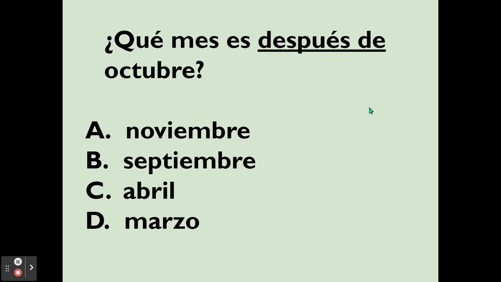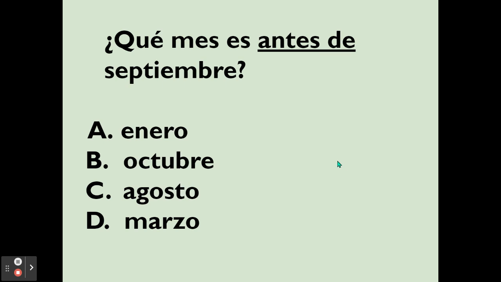¿Qué mes es después de octubre? So you got to remember, después de means after. Noviembre, septiembre, abril, marzo. So noviembre is the right answer. Another example. ¿Qué mes es antes de septiembre? Before September. Enero, octubre, agosto, marzo.